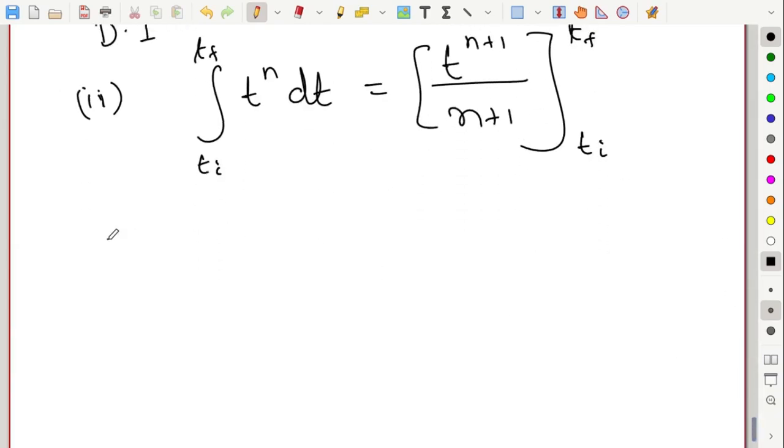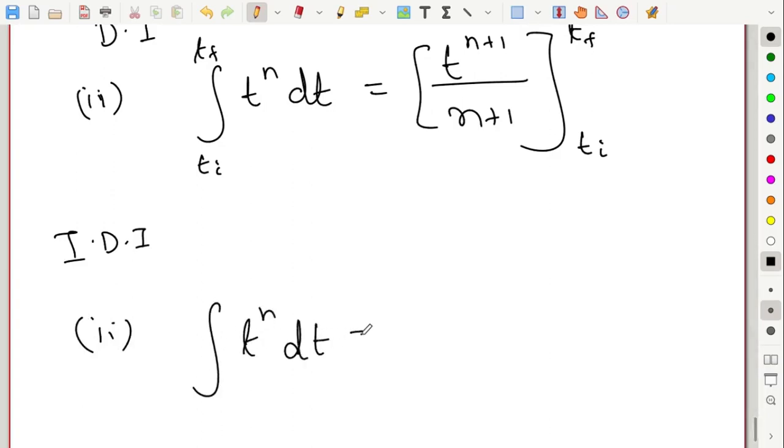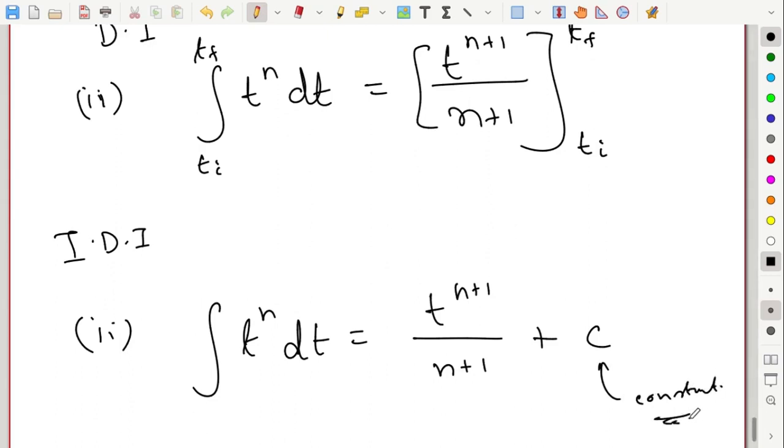For the indefinite integral, it is the same formula. There they won't give limits, so if it is t power n dt, you have to integrate with the same formula, t power n plus 1 divided by n plus 1 plus c. You have to add a constant. Okay, so this is the constant. So this is the formula for the indefinite integral.